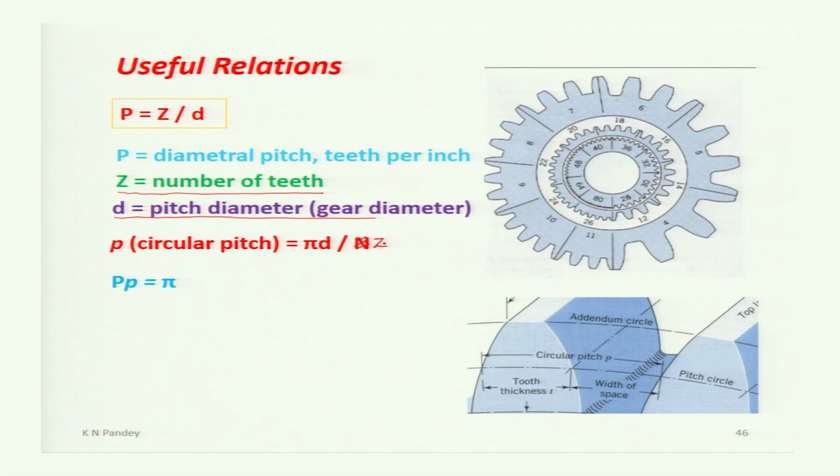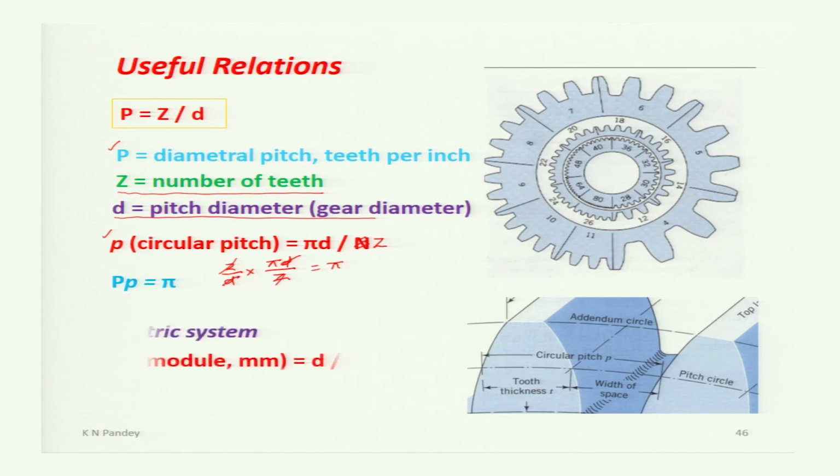So if the number of teeth is Z and the pitch circle diameter is small d, then circular pitch is pi d divided by Z. Now if you multiply the diametral pitch and circular pitch, it will become equal to pi, because capital P is Z divided by d and circular pitch is pi d divided by Z. So Z and Z cancel, d and d cancel, and you get only pi.